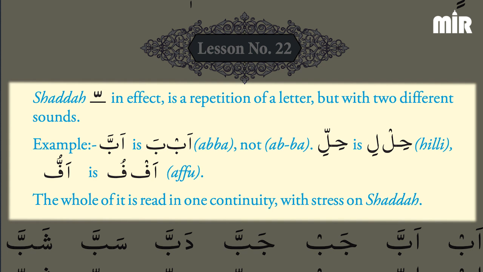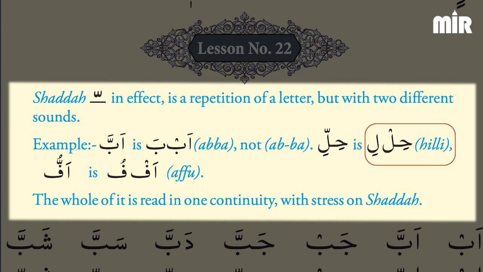So whatever sign will come with Shadda will be placed and read on the second time of that letter. If we read it simply, it will be Ab Ba. But we are going to read it together and it will become Abba. So this stay on that letter is actually reading of Shadda.